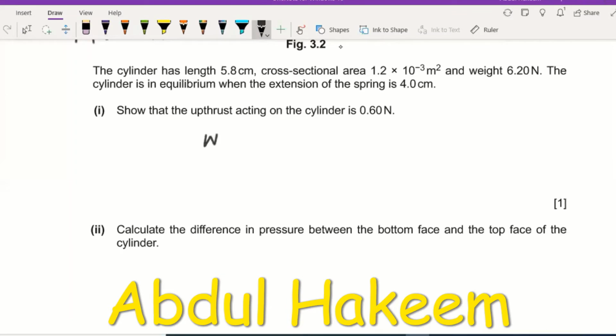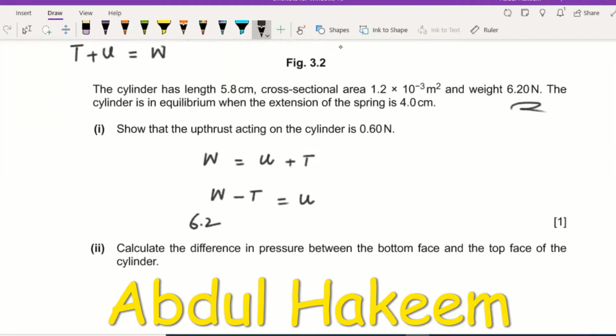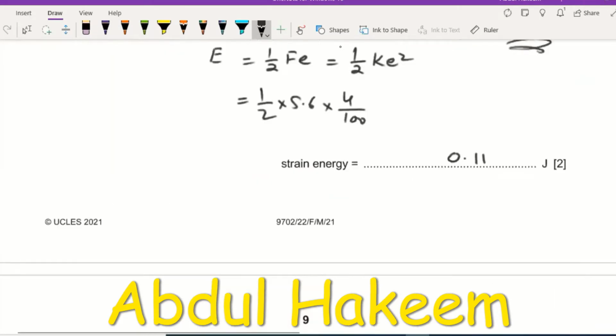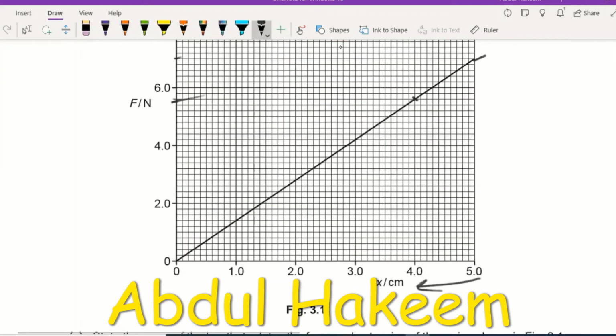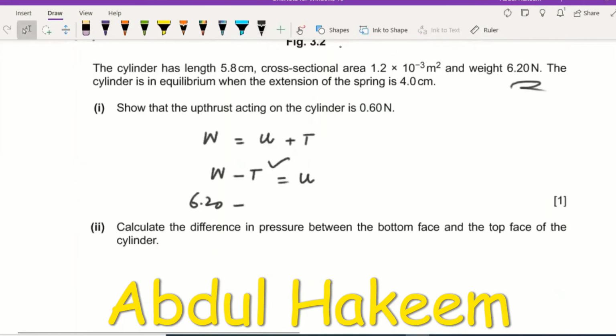The downward force is weight and the upward forces are tension in the spring plus the upthrust. Now the upthrust is required, so weight minus tension is equal to upthrust. The weight is given here, 6.20, and the tension for the 4 centimeter extension from the graph we have done is 5.6. So we will write here minus 5.6. So the upthrust will be 0.6, the difference of these two.